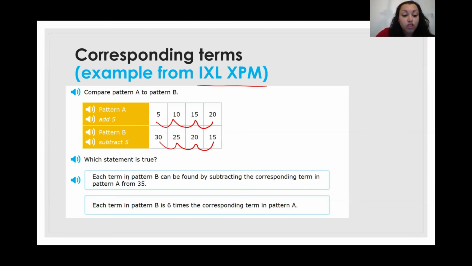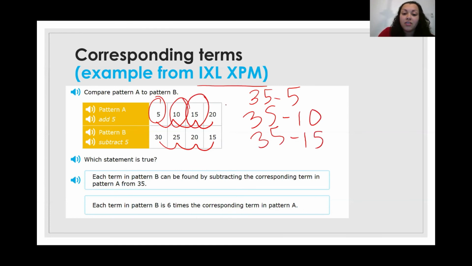It says each term in pattern B can be found by subtracting the corresponding term in pattern A from 35. So this is like saying if we had 35 minus 5, then 35 minus 10, then 35 minus 15, and the last one, 35 minus 20.